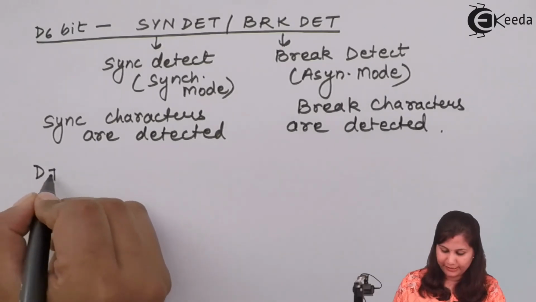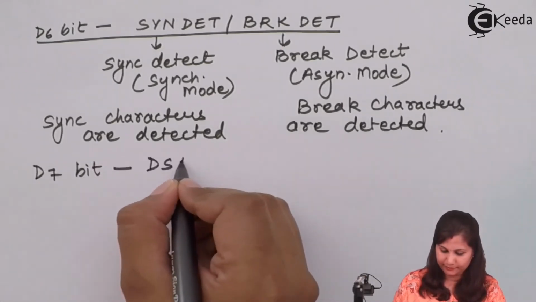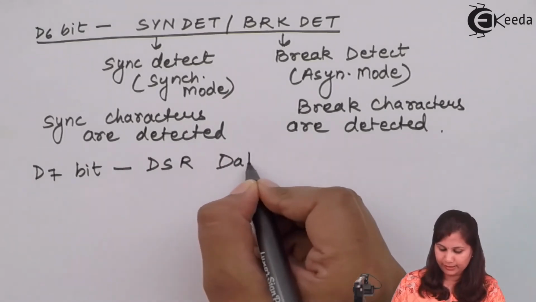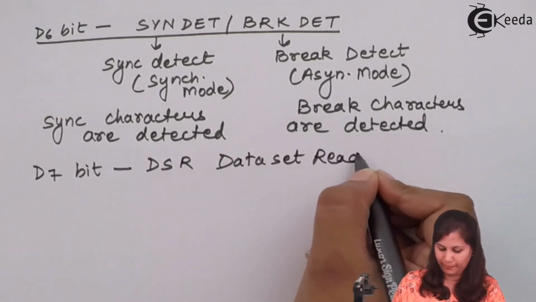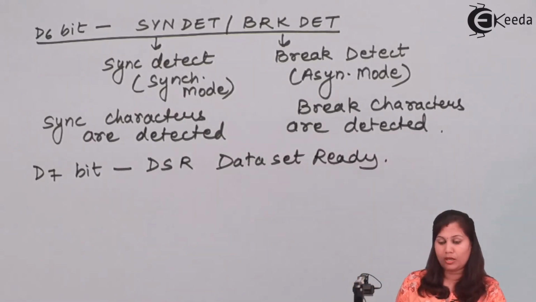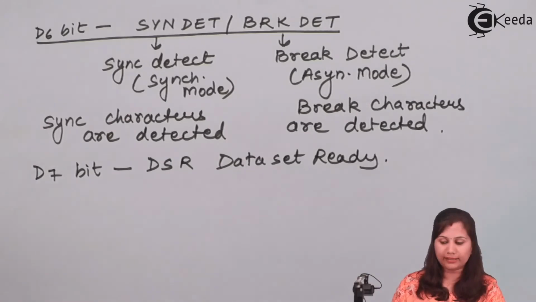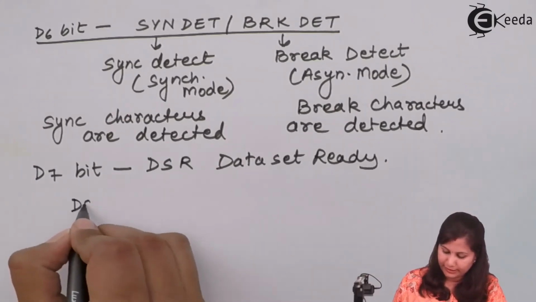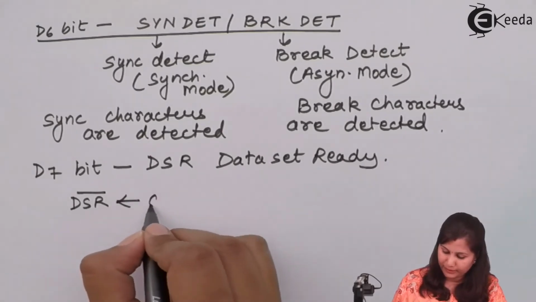Then we have the D7 bit, which is DSR, that is data set ready. This DSR is a pin at the 8251, DSR bar. This is an active low signal.